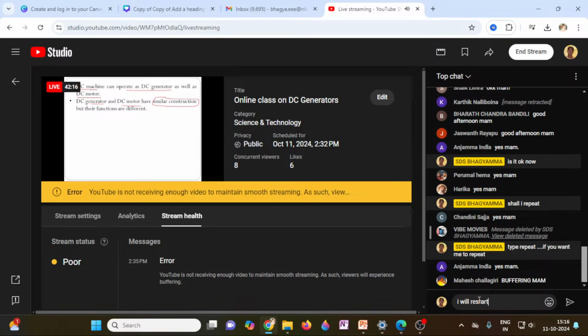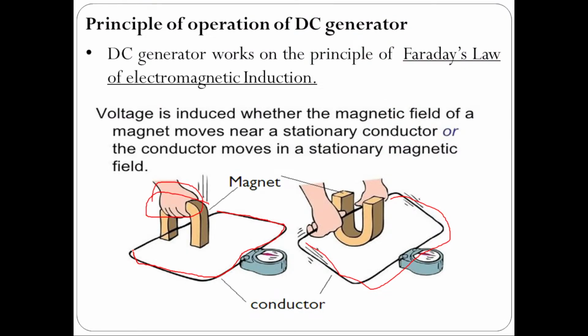If the conductor forms a closed path, then current will be flowing in the conductor. Whenever a number of flux lines link with the conductor, or if we have a number of conductors interconnected to form a coil, the coil is formed by a number of conductors.